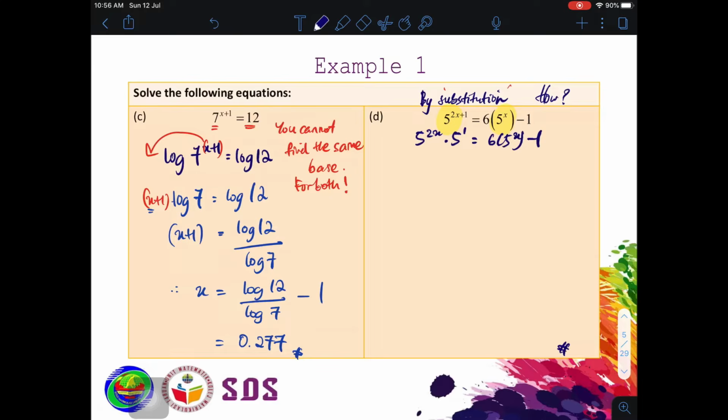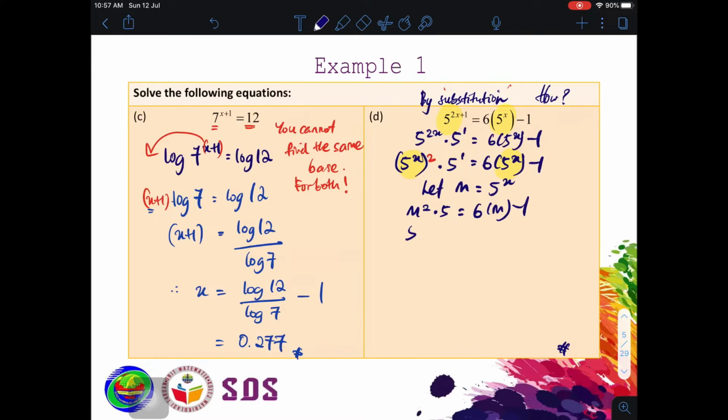I know this is not the same yet, but still, using the rule of indices, you throw the number 2 outside of the bracket just for the sake of getting the same base and index, exactly the ones that you want. After that, you assume by letting m equal to 5 to the power of x. This is where you replace it just for a moment until you achieve a quadratic equation.